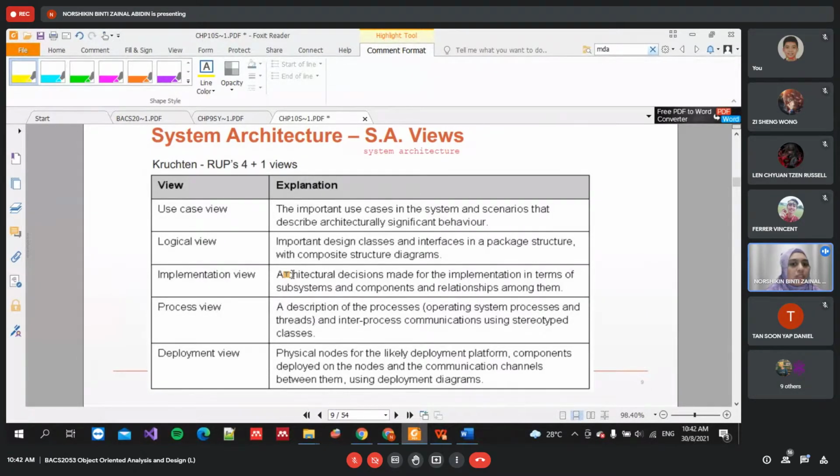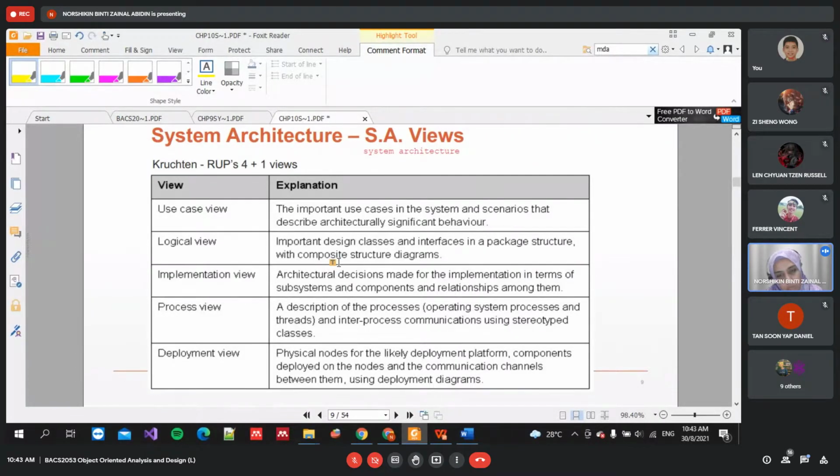This logic term is not something we can learn from our slides or from school. How to capture it is only by experience. Different companies have different logic in their systems. So this is the logical view: important design classes and interfaces in a package structure. A package is like grouping together, with a composite structure diagram.